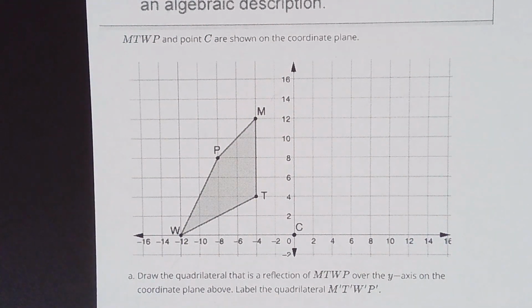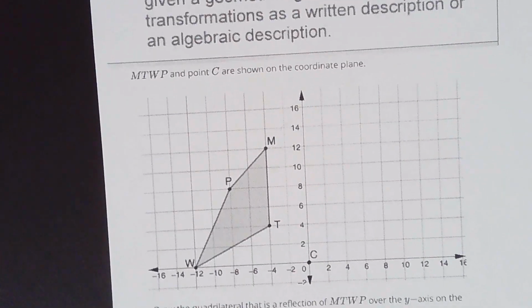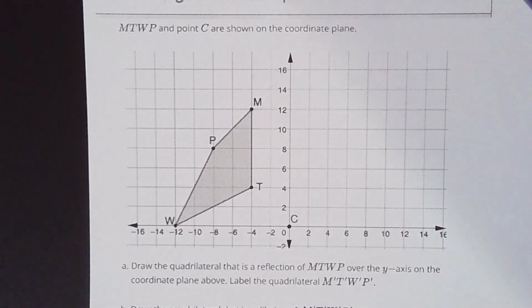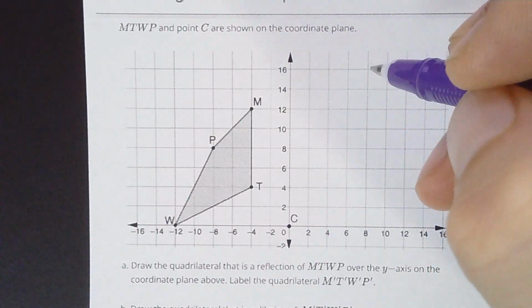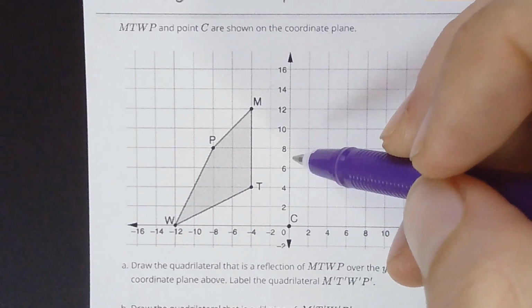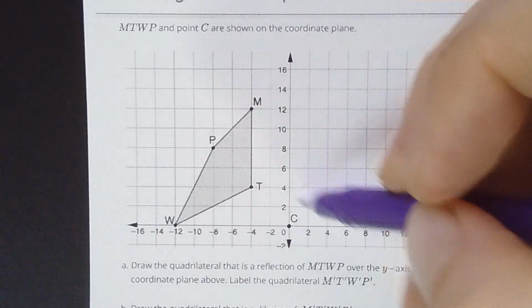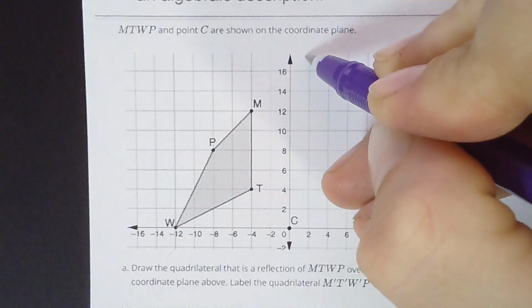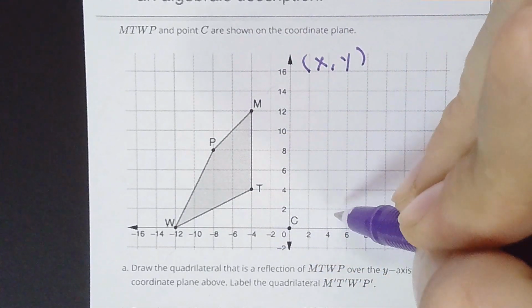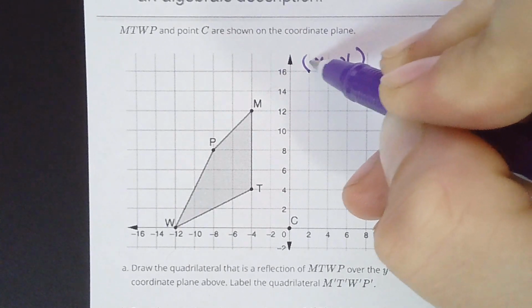If you need to do a coordinate pair table, the comparison for reflection across the y-axis is (x, y) goes to (negative x, y). The x-coordinate flops, the y-coordinate stays the same.